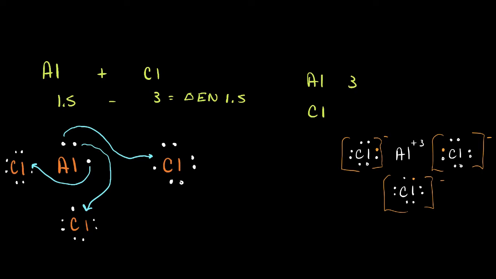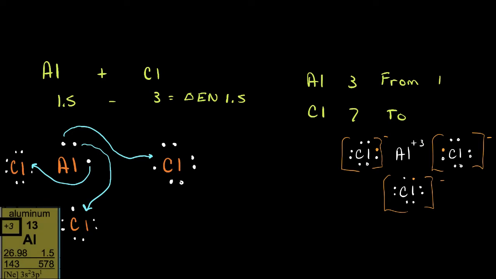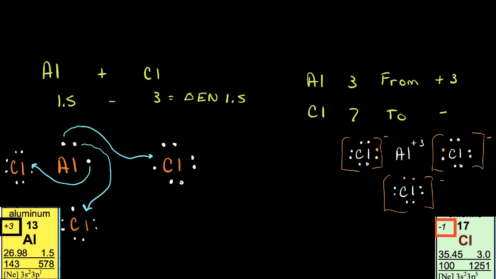We had 3 valence electrons for aluminum, 7 for chlorine. The electrons want to go from the metal to the nonmetal. The aluminum, if it gets rid of 3 negatives, it becomes more positive by 3. And chlorine, each time it gained 1 electron, it became more negative by 1. And we're going to put those oxidation numbers in.